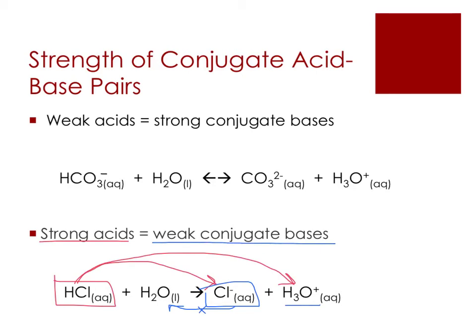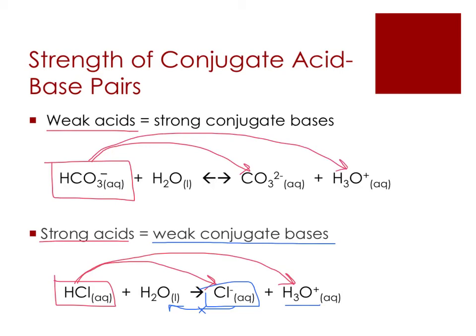Turning our attention to the weak acid example at the top, our weak acid, HCO3-, is not able to dissociate 100%. In fact, the forward reaction does not occur to a great extent. At equilibrium, there are far more reactants than there are products. The equilibrium position lies towards the reactants. This means that the conjugate base of HCO3-, or CO3 2-, is able to pull some H pluses away from H3O+ and form H2O and HCO3-.